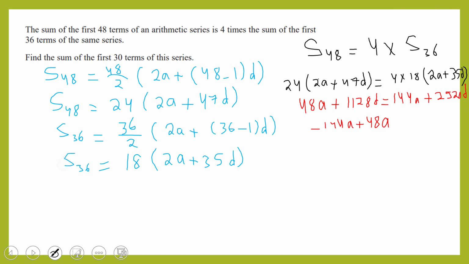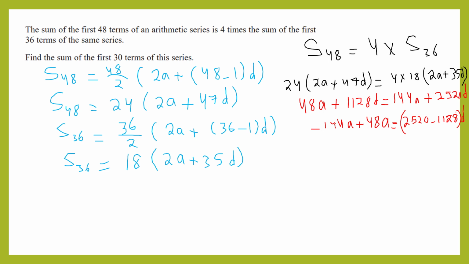So it will be written as 2520 minus 1128 by d. Here then we subtract and find what will be the final answer here. So we can relate a and d together, so we can solve.